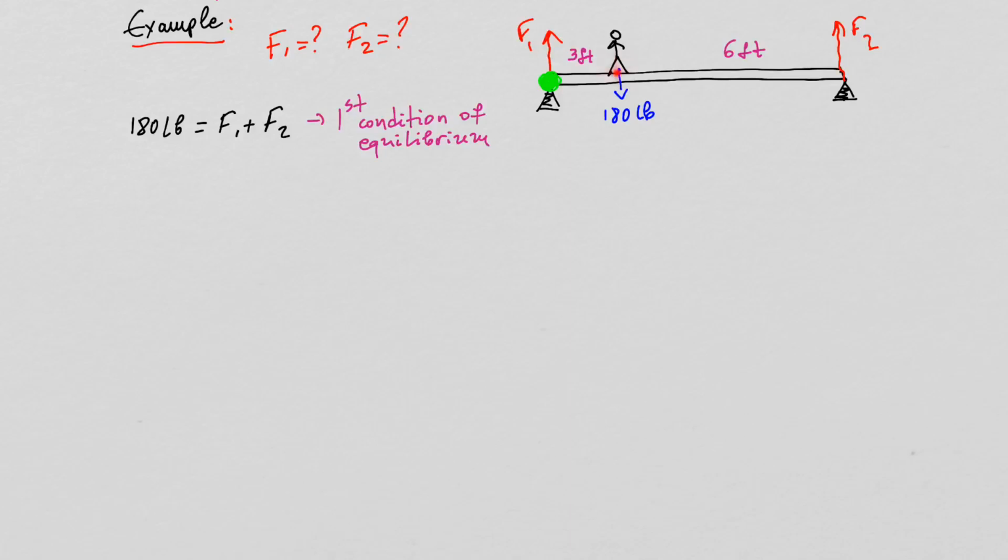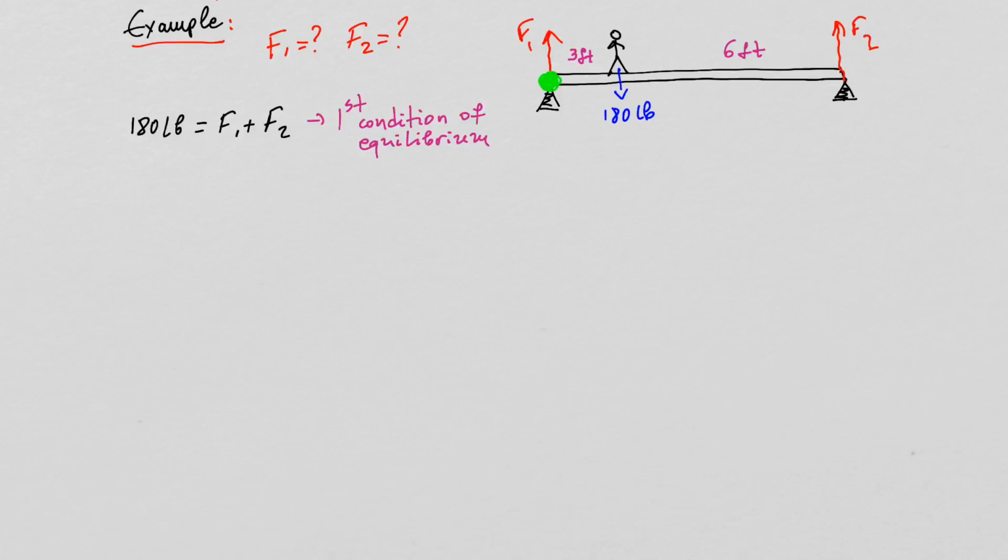The torque of the weight of the guy, which tends to rotate the plank in clockwise direction, so that would be a clockwise torque. And the torque due to force F2, which will tend to rotate the plank in counterclockwise direction, so counterclockwise torque.